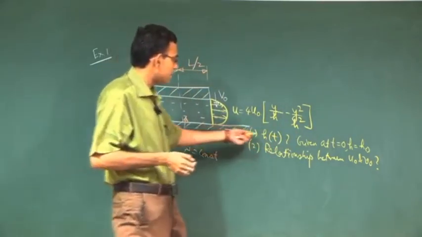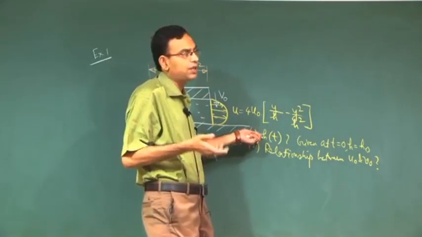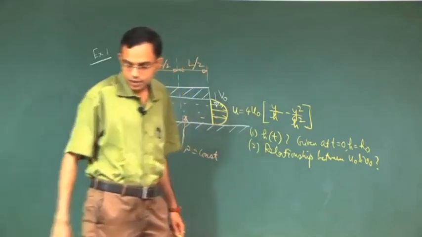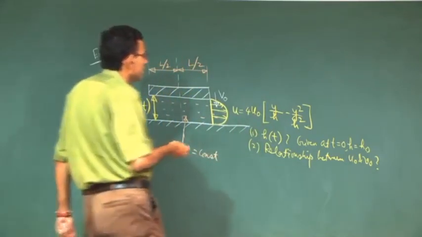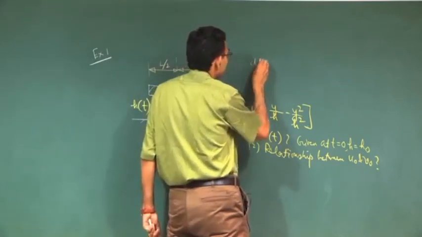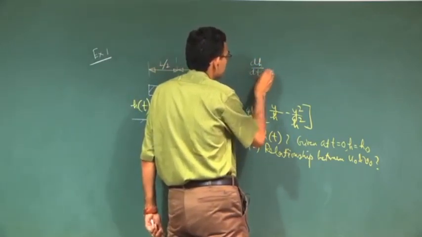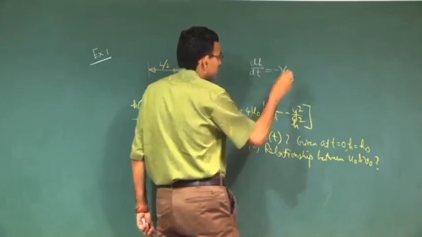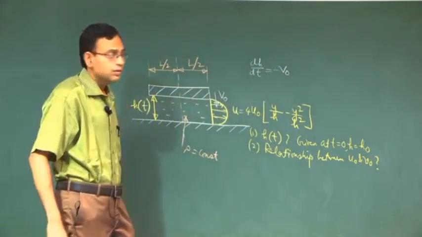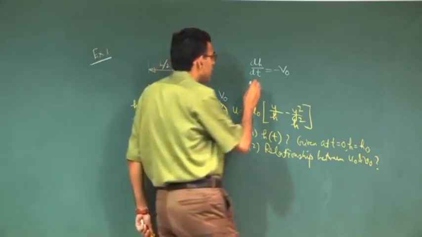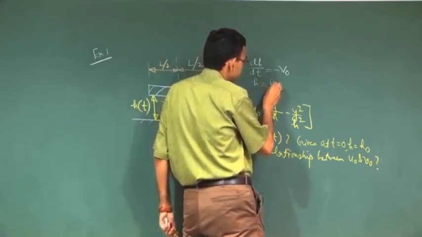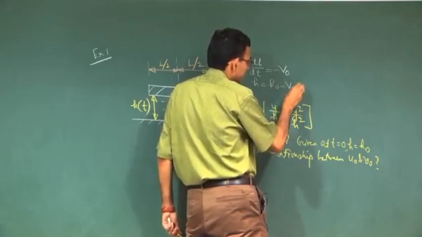The first part is very straightforward and for that we actually apply the common sense principle that you have dh/dt is equal to minus v0, because at time equal to 0, h is equal to h0. So, integrating this you will get this one.